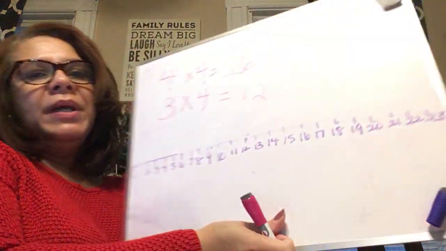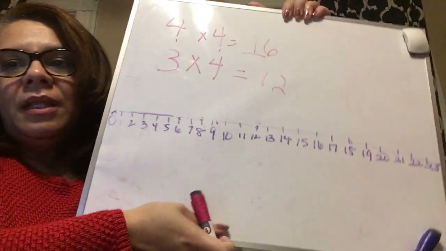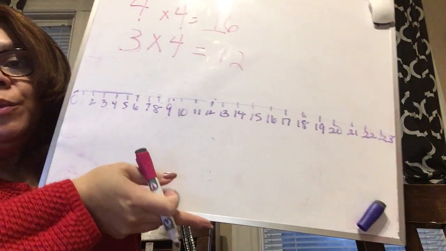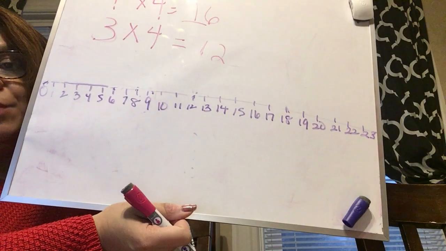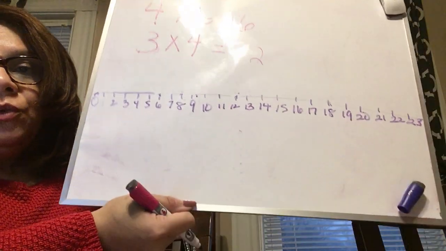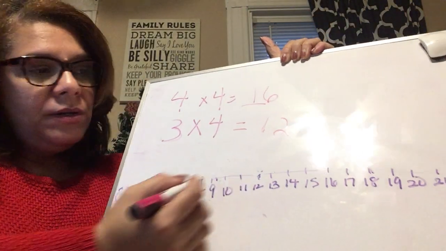Let's do another one. This time, let's use 4s. Ready? Now, unfortunately, I'm not able to put all of my numbers at the end. This is a small whiteboard. If we were in school, I'd be able to add more numbers. So in order to fix that, I'm going to add another number line here so that I have more space.